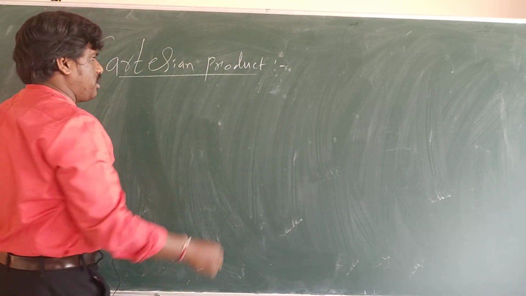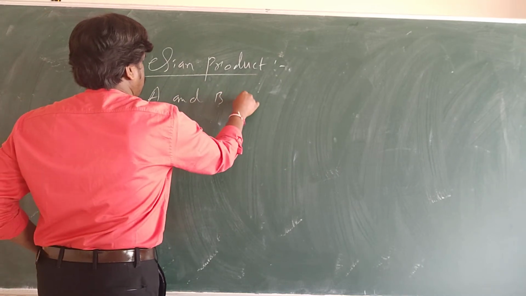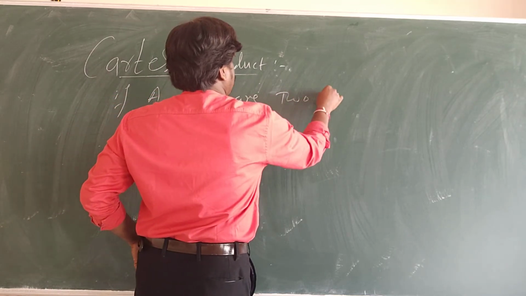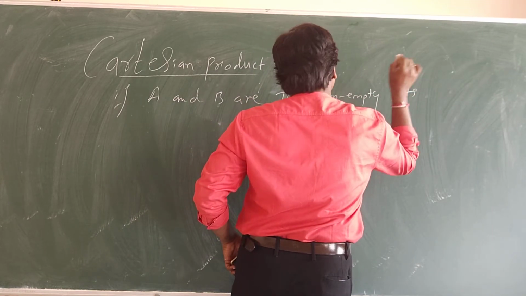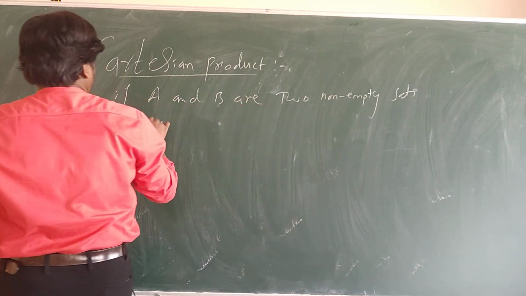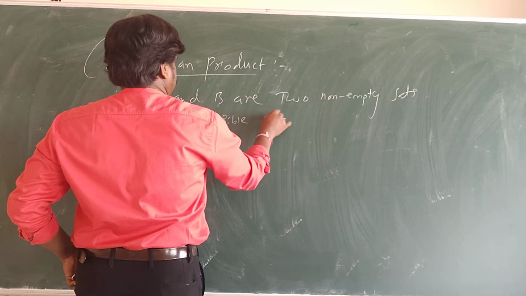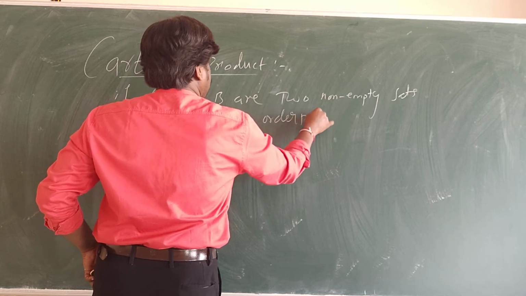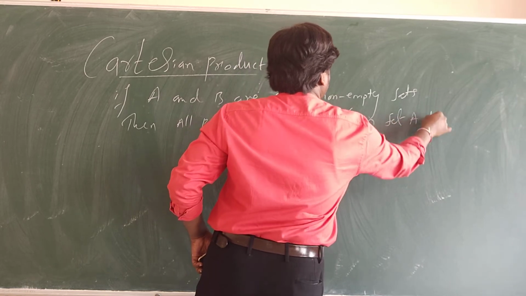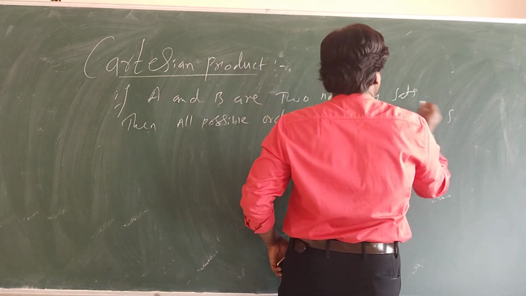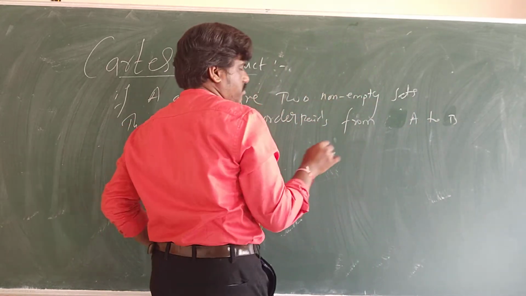If A and B are two non-empty sets, then all possible ordered pairs from set A to set B are called the Cartesian product.